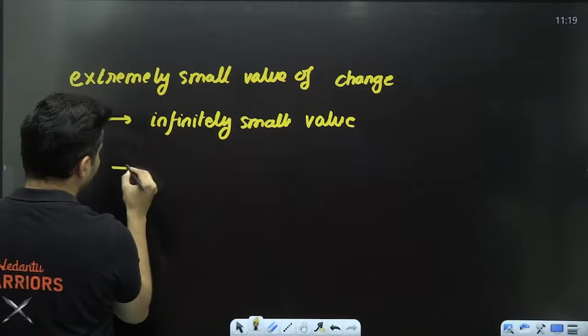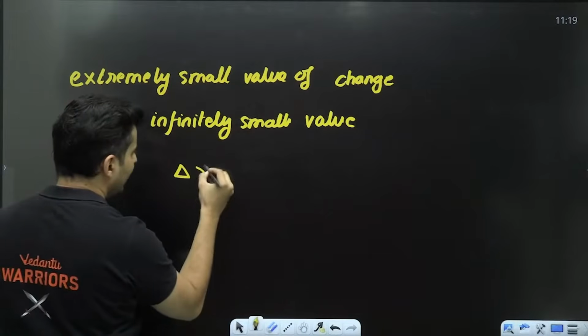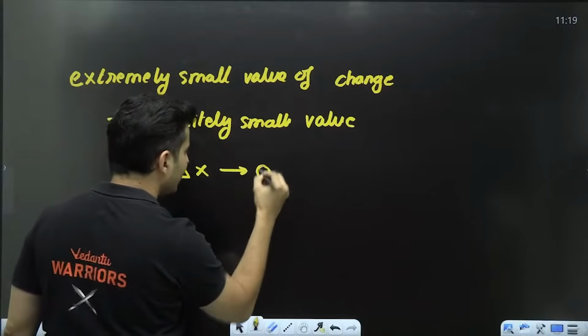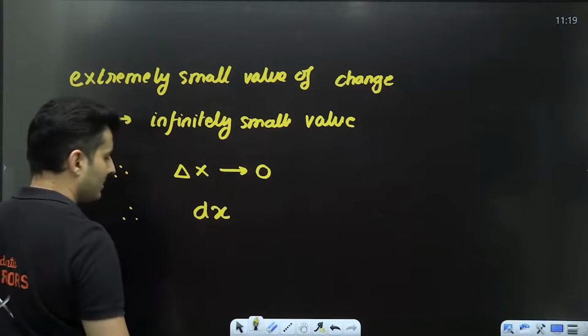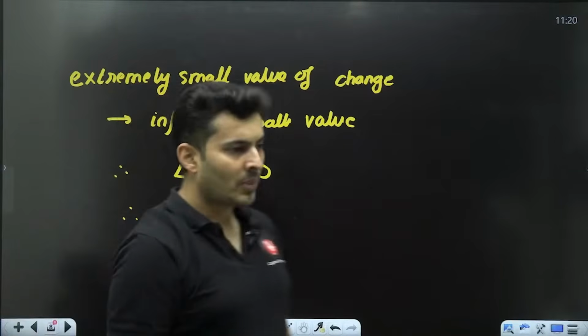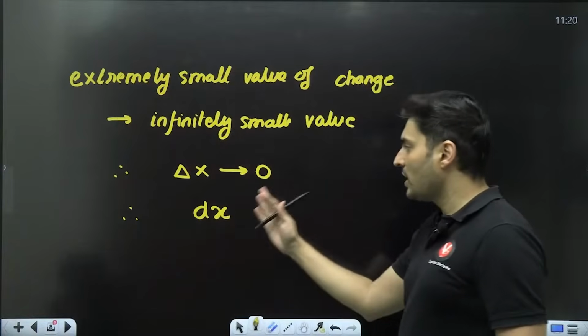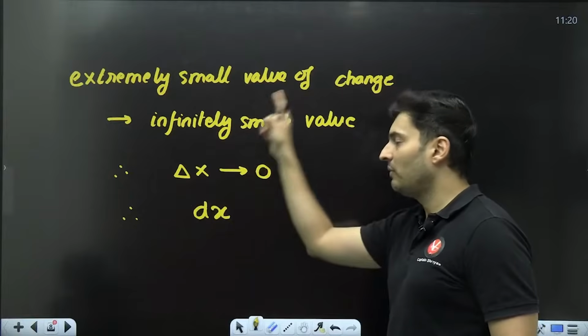And it is then called, let's say, delta x tends to 0, which is the same as writing just dx, where instead of writing all these things in word form, you just write dx.